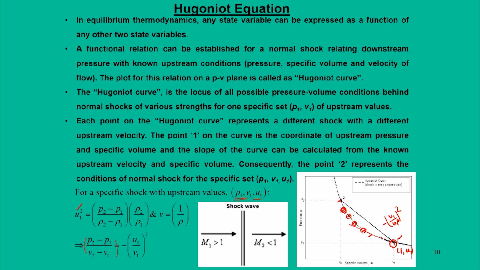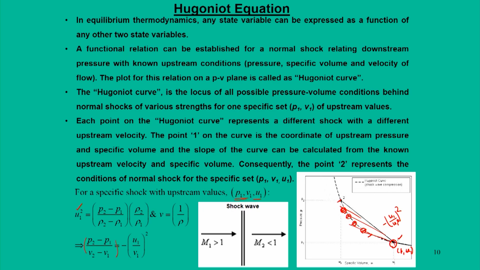All these points we can locate thermodynamically, where we can arrive at the final pressures. For all these cases your slope remains the same, corresponding to u1 by v1 square.